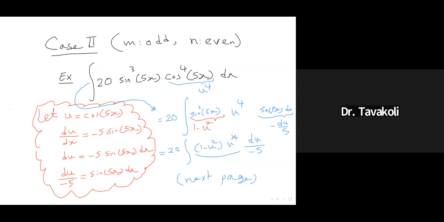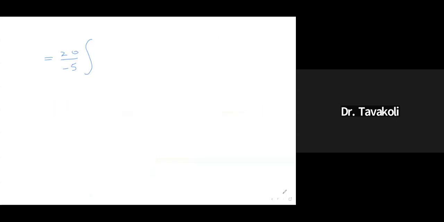-20 over, that's -5. And for this part, if I distribute u to the 4 over the parentheses, u to the 4 times 1 minus u squared, which gives me u to the 4 minus u to the 6 du.